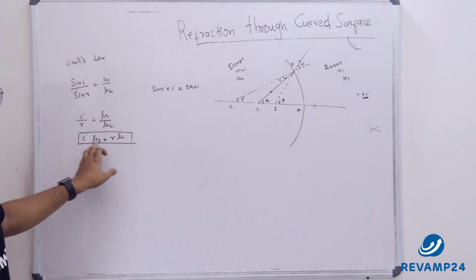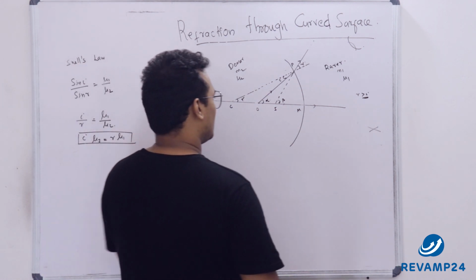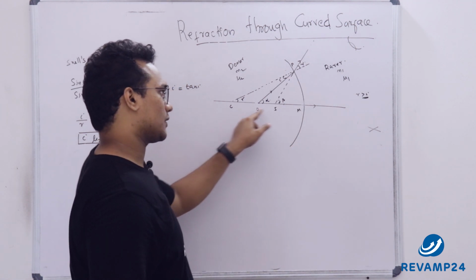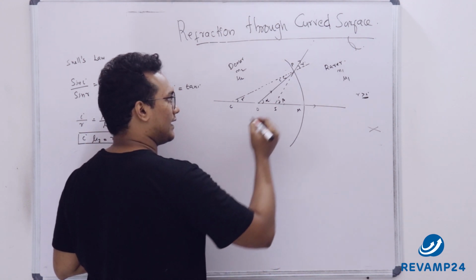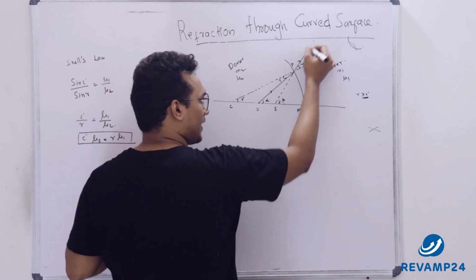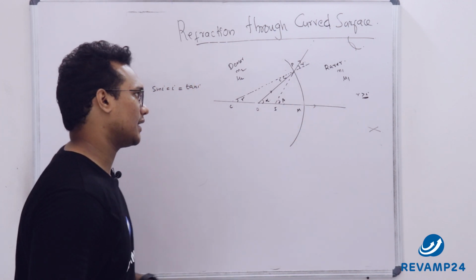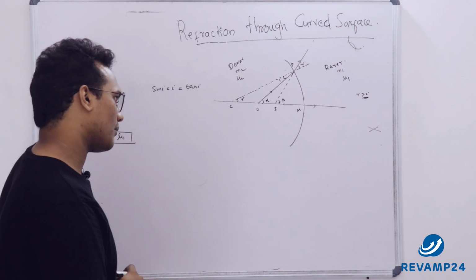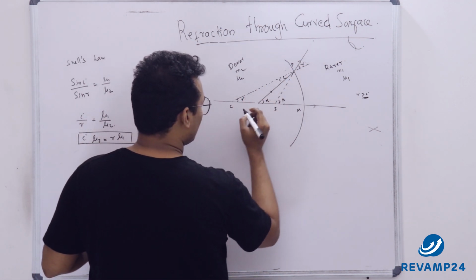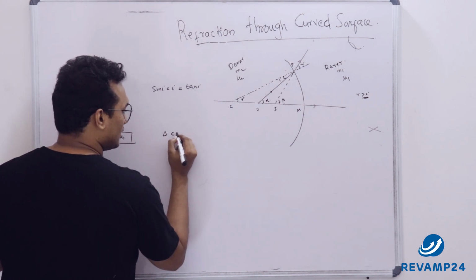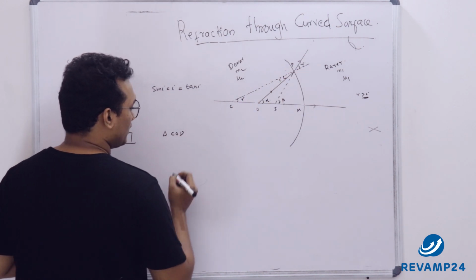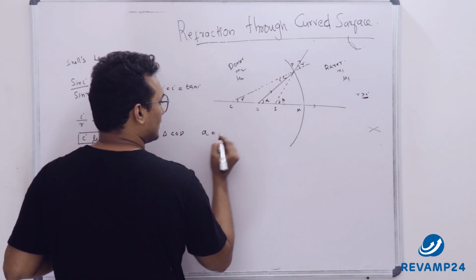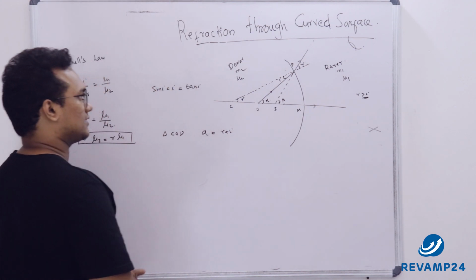Now we need the equations for I and R. We have learned even in the previous case that the angle made by the incident ray with respect to the principal axis is alpha, the angle made by the refracted ray with respect to the principal axis is beta, and the angle made by the normal with respect to the principal axis is gamma. So from triangle COP, I can say that alpha is equal to, this is the exterior angle and the sum of interior angles, R plus I. First equation.